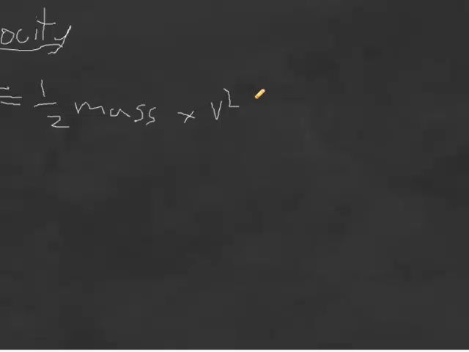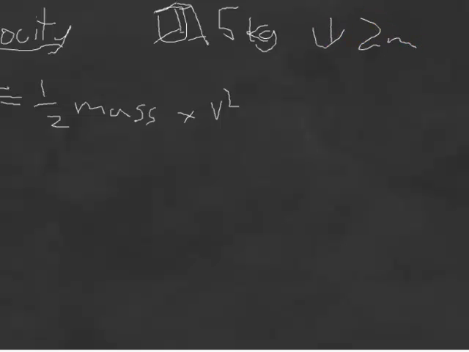Now, we want to find what velocity is. It's sort of like algebra, for those of you who remember algebra from last year. So we have our awesome block of mass, that is 5 kilograms, and that fell 2 meters.